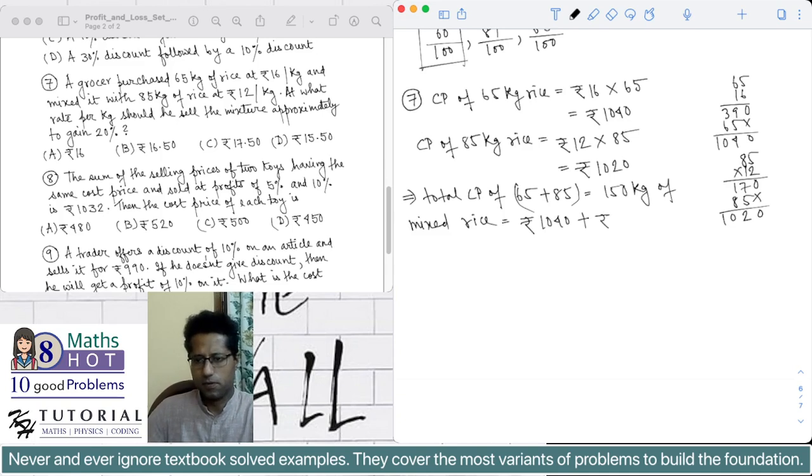This is equal to rupees 2060. Now, it is asking at what rate per kg should he sell the mixture approximately to gain 20%.